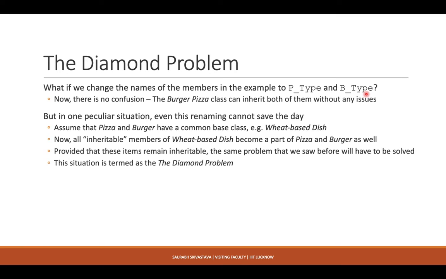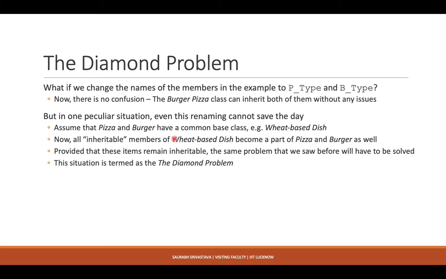But let us say this hierarchy is not just one level, but two levels. Assume that pizza and burger both have this wheat based dish as their base class. Burger also uses buns, and these buns are also made of wheat.